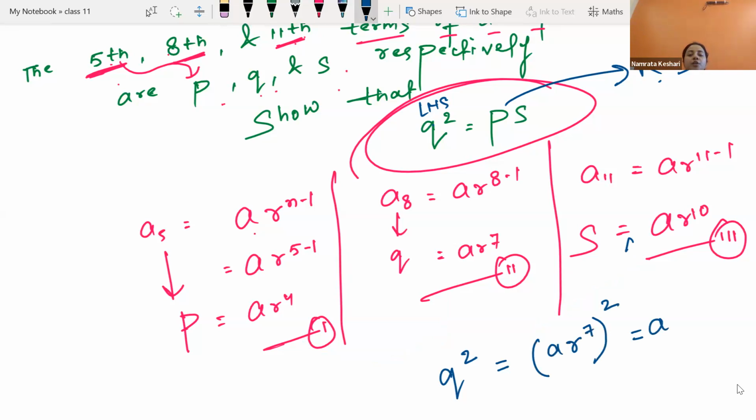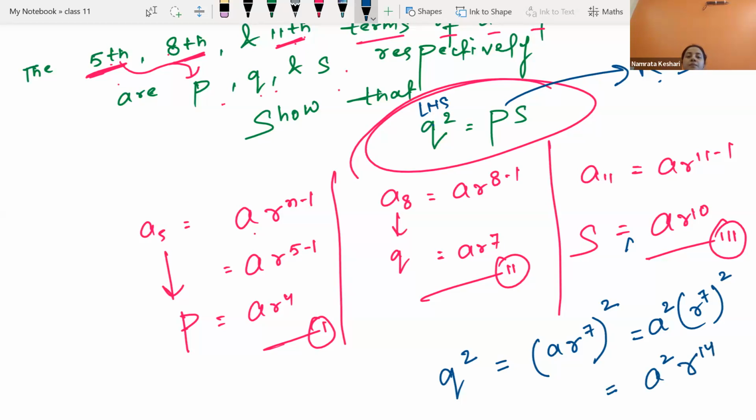So a will take the power 2, and r to the power 7 will also take the power 2. Right? Yes, ma'am. So a square will be there and r to the power 7 with one more power. These two powers we have to multiply. So we will end up getting r to the power 14.